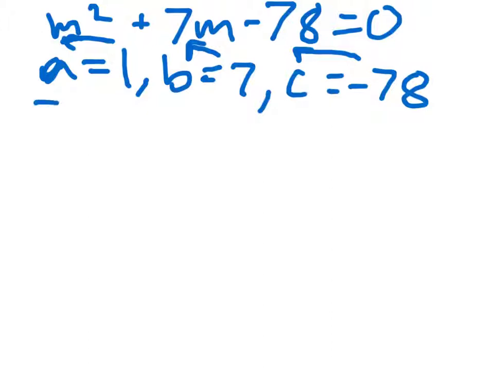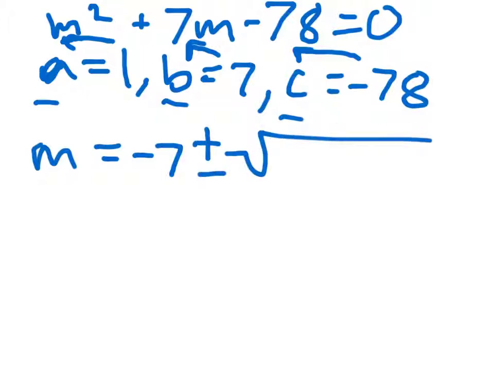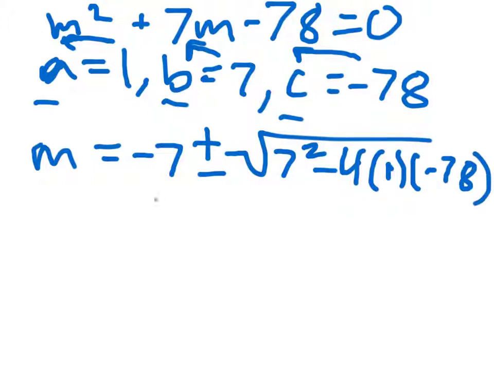Once we have a, b, and c, we can start our quadratic formula. So we have m equals negative 7, because negative b, plus or minus the square root of b squared, so 7 squared, minus 4ac, so minus 4 times a, which is 1, times c, which is negative 78 in this case, over 2a, which is 2 times 1 in this case.